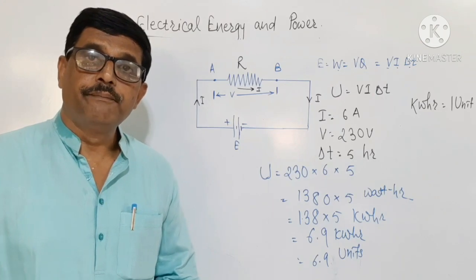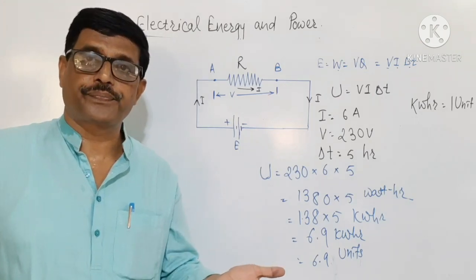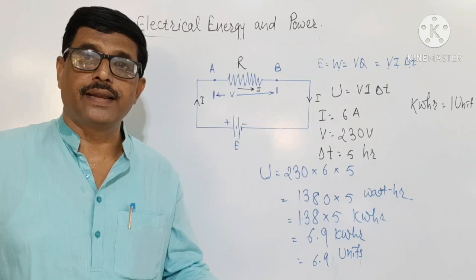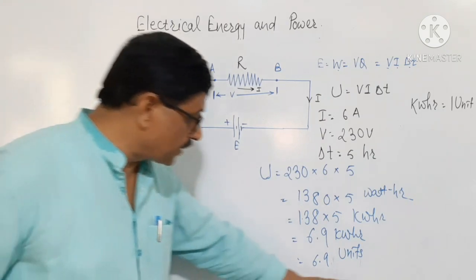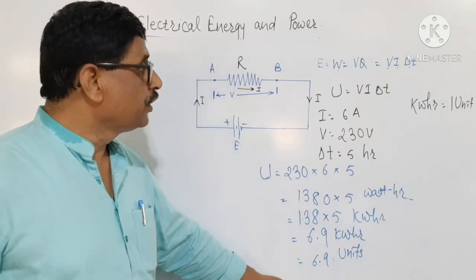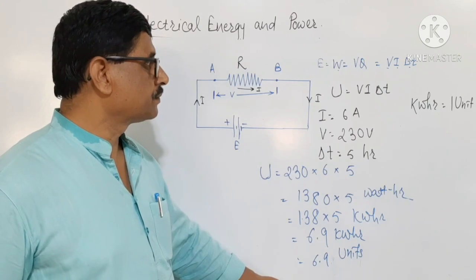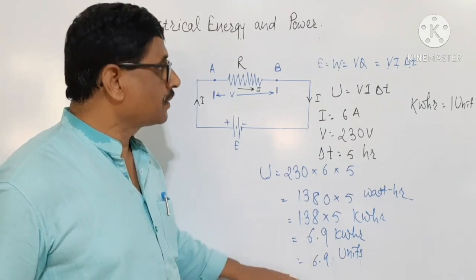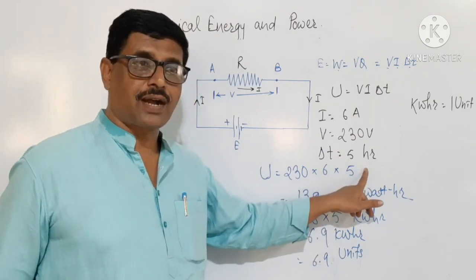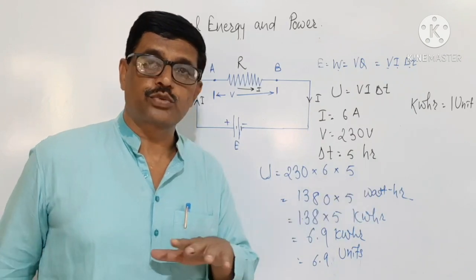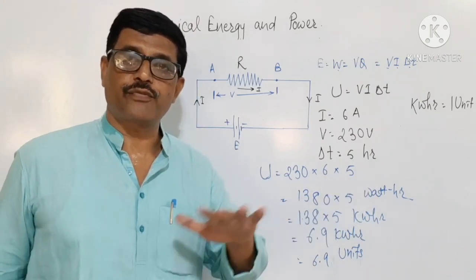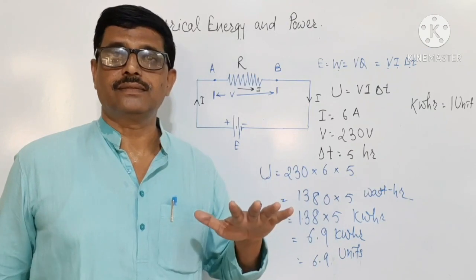Your meter will show an increase of the units by 6.9 if you run a device for 5 hours and the device takes 6 ampere of current to run.